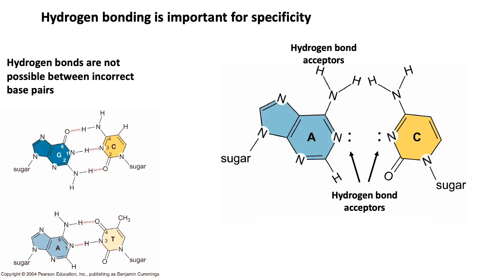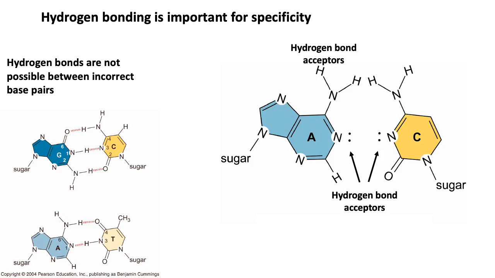Now, one thing I also want to point out, if you look to the image on the left, the G and the C that bind, that's between a purine, the G, and a pyrimidine, the C. The other binding pair is also between a purine, the A, and the pyrimidine, the T. In both cases, it is a matchup of one purine and one pyrimidine.